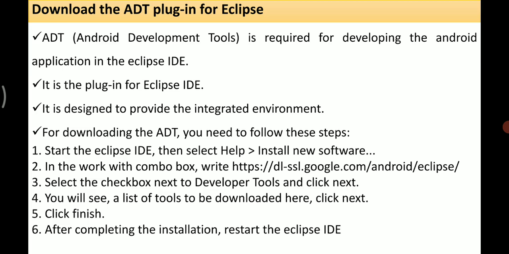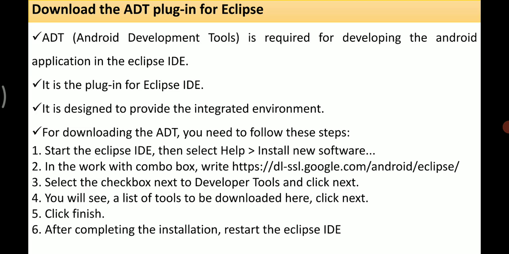The first step is to start the Eclipse IDE and select Help. There we choose Install New Software. In the Work with combo box, we write https://dl-ssl.google.com/android/eclipse/.